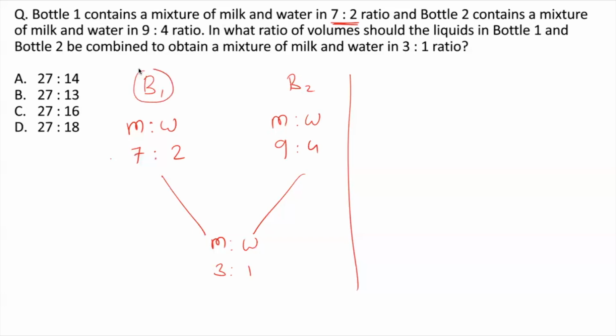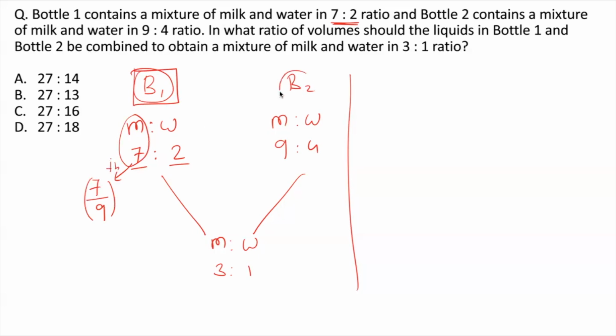The first bottle contains milk and water in the ratio 7:2. Now, if I ask you, in bottle 1, what is the fraction of milk in the total solution? If you remember your ratios, the fraction of milk in the mixture is 7 upon 7 plus 2, that is 9. So 7 by 9th of the mixture is basically milk in bottle 1.